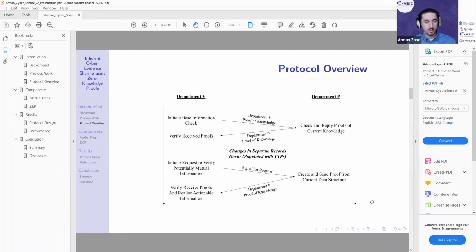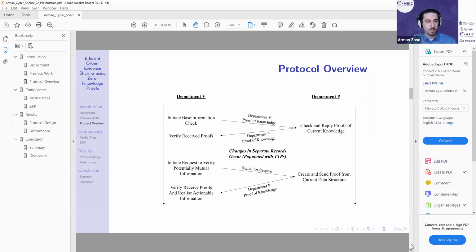But in this cybersecurity scenario, we check that both parties begin with the same base information. So at the beginning, one of them sends out a base information check, and they send each other the proof of knowledge and verify that there is the same information.